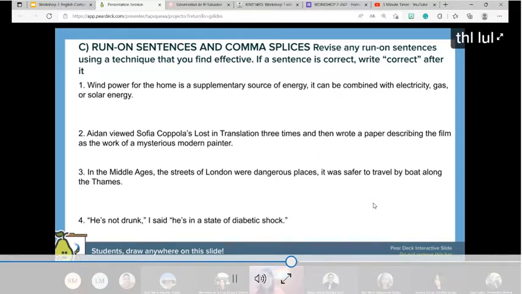So what do you think about number one? Do we have a run-on sentence or a comma splice taking place in that sentence? Or is it correct?